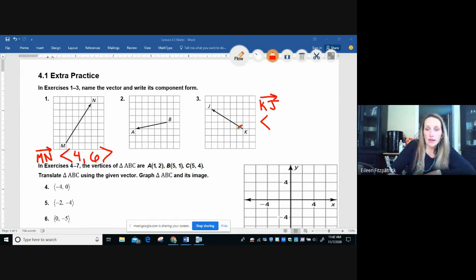And it's moving 1, 2, 3, 4, 5 units to the left and 1, 2, 3 units up. So it's -5, +3. Okay. All right, let's move to the next set of problems.